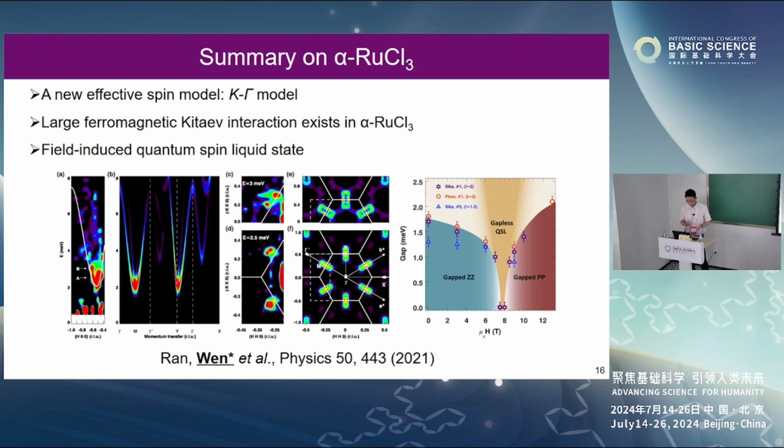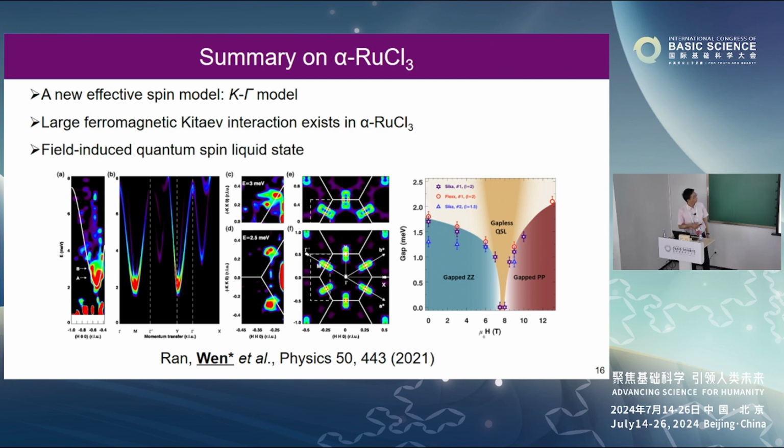So now let me summarize our results on alpha-ruthenium trichloride. The things we are sure about are that the material is better described by this K-Gamma model, instead of the KJ model or the HK model.